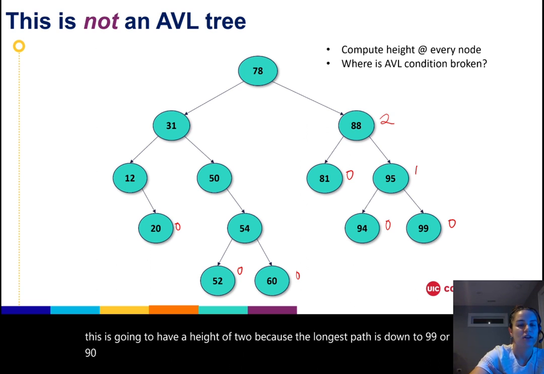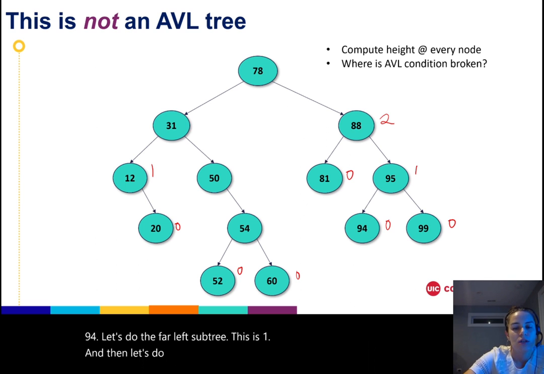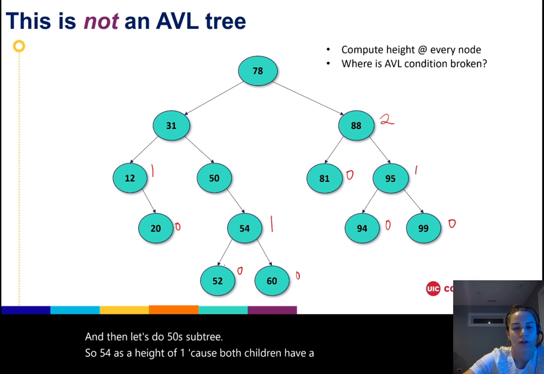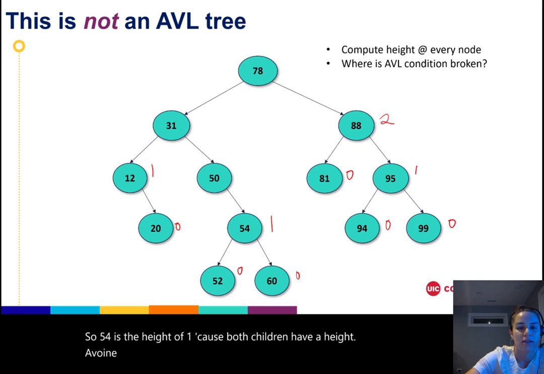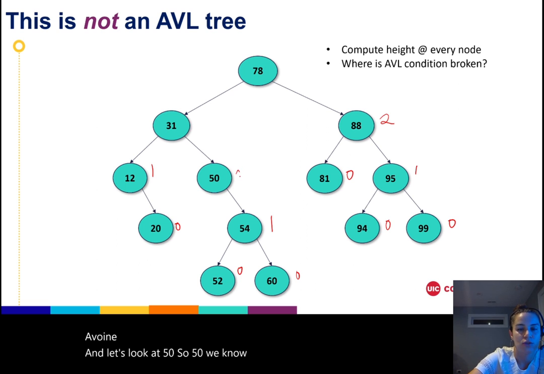Let's do the far left subtree. This is 1. And then let's do 50's subtree. So 54 has a height of 1 because both children have a height of 1. And let's look at 50. 50's height is 2.